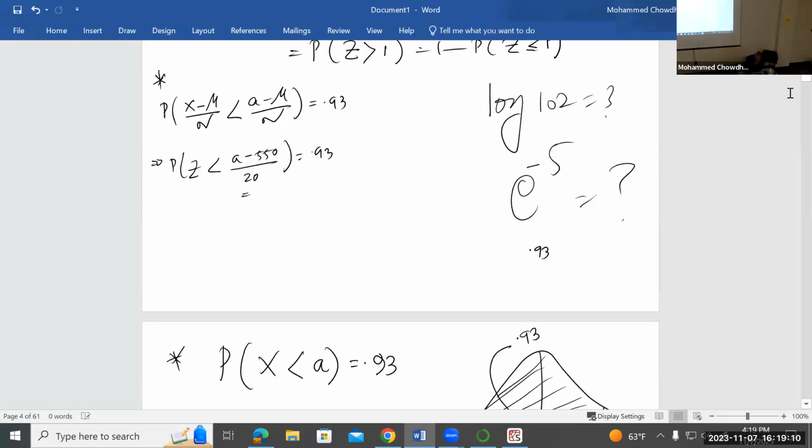So now I can compute A. (A minus 550) over 20 equals 1.48, right? Now find the value of A. A equals 1.48 times 20 plus 550. That is the answer.